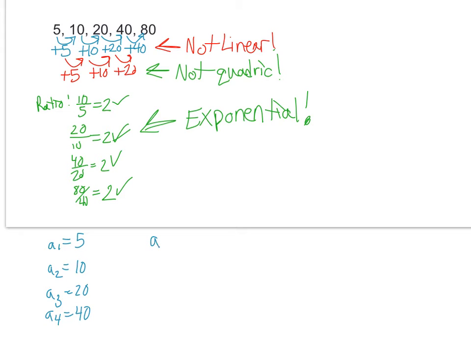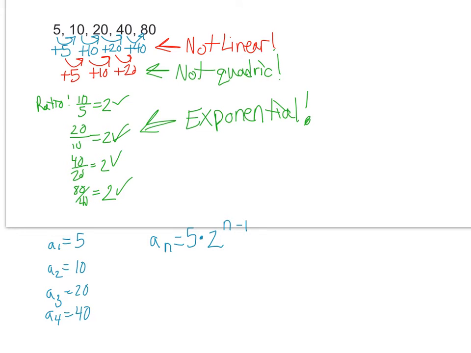So we have to think about a sub n equals, we know we're going to have 2 to some power of n, and then something else has to happen to it. We'll think about the fact that our first term is 5, so 5 has to be involved. So we're going to have 5 times 2 to the power of, and not just n, but n minus 1.